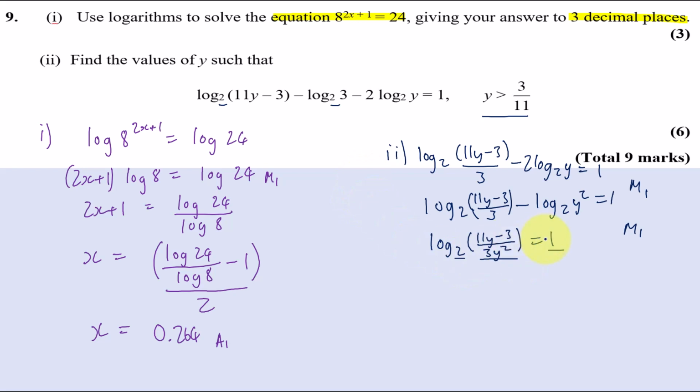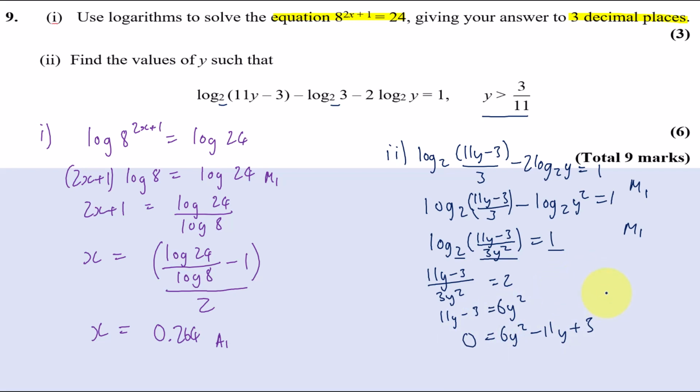So we can say now 11y minus 3 divided by 3y squared equals 2. Now let's multiply everything out to make it into a quadratic. So we're going to multiply out by 3y squared. So we get 6y squared equals 11y minus 3. Let's set that equal to 0. So 6y squared minus 11y plus 3 equals 0.